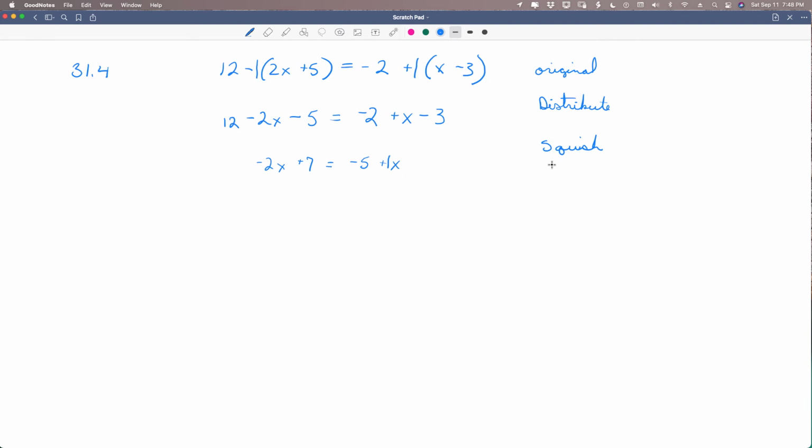So now we're going to swim, and that means swim this little fish to this side and this little fish to this side. And we're going to do that by adding 2x to both sides and adding 5 to both sides because I've got my x's over here now. That canceled.